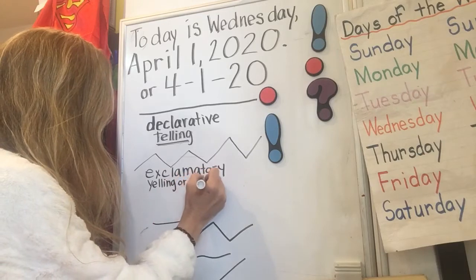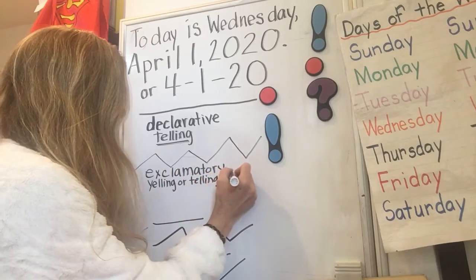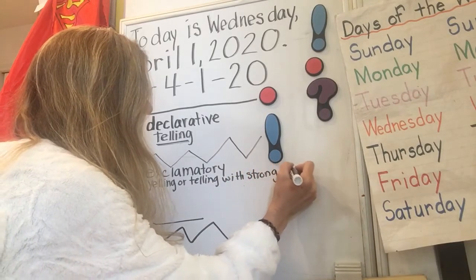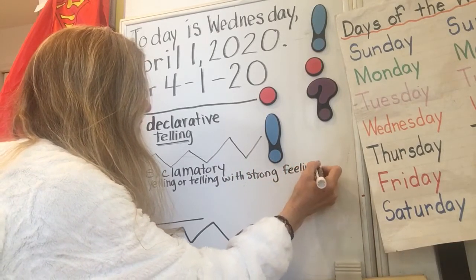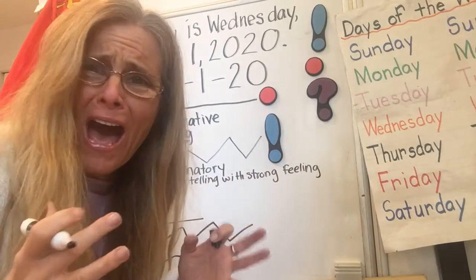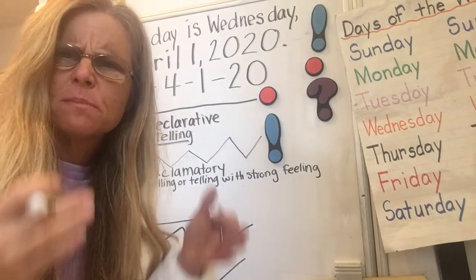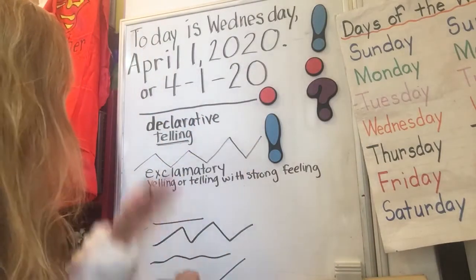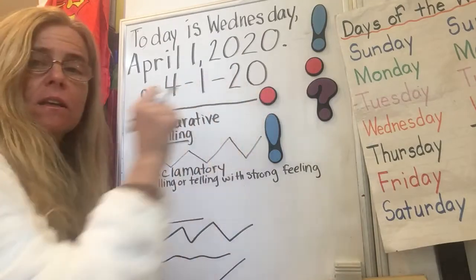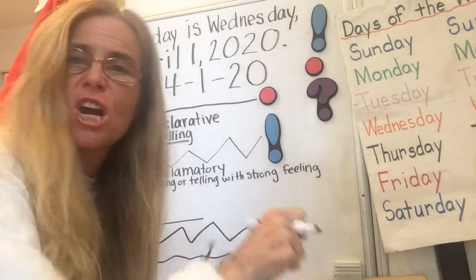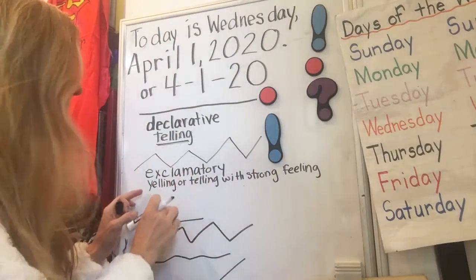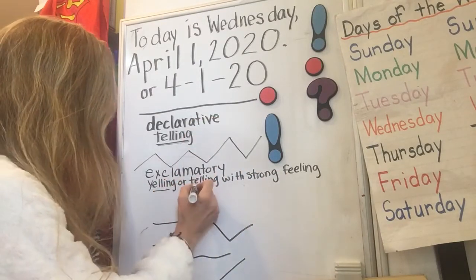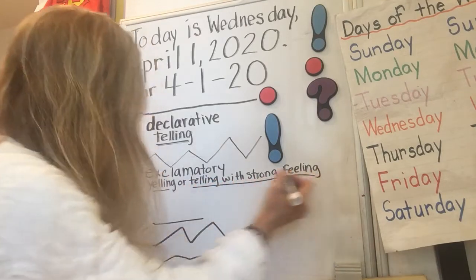Or you're telling with strong feeling. I saw a mouse! Oh my goodness, that makes me so unhappy. Hear how my voice changes? Exclamatory. So declarative is just telling. Exclamatory, yelling or telling with strong feeling.